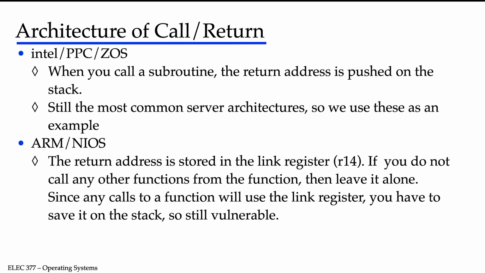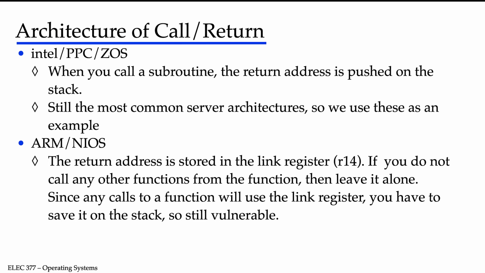On the ARM architecture and on NeoS, the return address is stored in a link register. If you don't call any other functions, the return address stays in the link register and nothing really happens. However, if you call any other functions from within that function, that other call will also use the link register, so you have to save it on the stack.